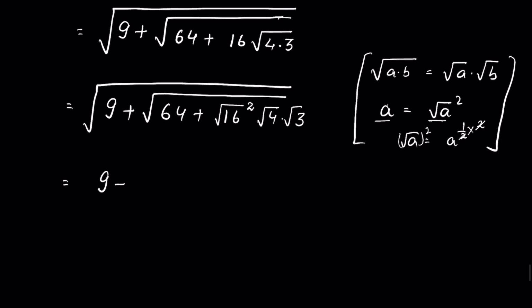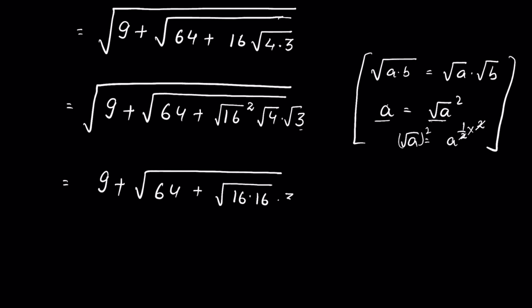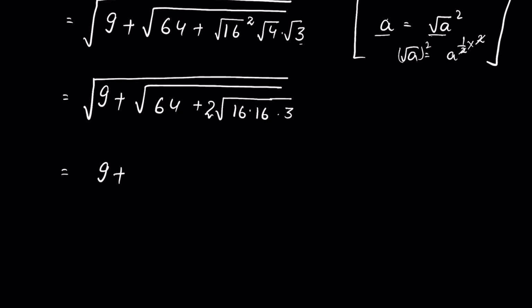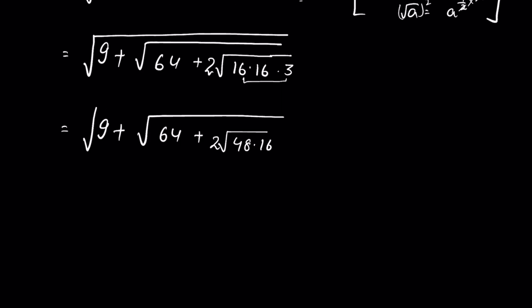Again, 9 plus 64 plus 16 times 16 under square root, along with this times 3 under square root, and square root of 4 is equal to 2, so we write 2 here. Again 9 plus square root of 64 plus 16 times 3 is 48, so we can write 48 times 16 under square root times 2, all under square root.